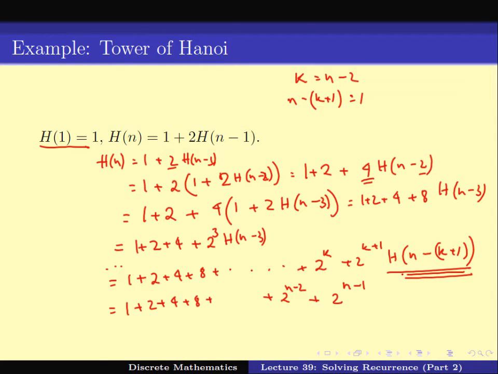And so I get this number, which is a GP series, and the GP series adds up to 2 power n minus 1. So I guess that Hn is equal to 2 power n minus 1. So this one clearly was slightly more complicated than the earlier ones.